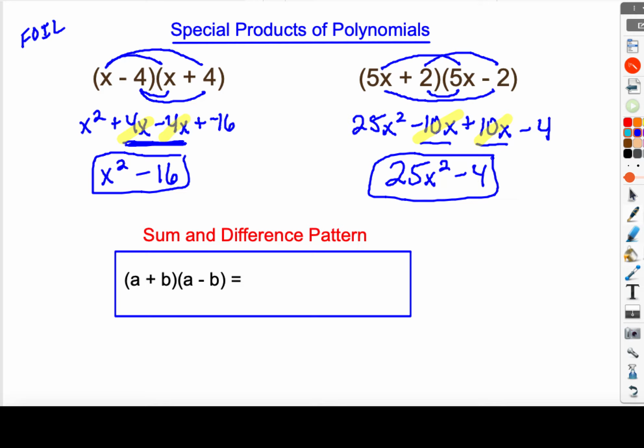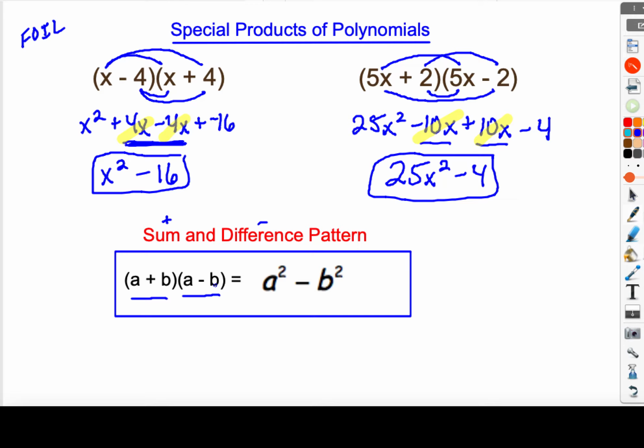So again, we call this the sum and difference pattern. We have the sum of two terms and the difference, sum meaning addition, difference meaning subtraction. But notice how they both have an a and a b. If that's the case, we can shortcut that. We don't need a middle term, but instead we're just going to get a squared and b squared. And notice how we're going to be a difference when we finish.